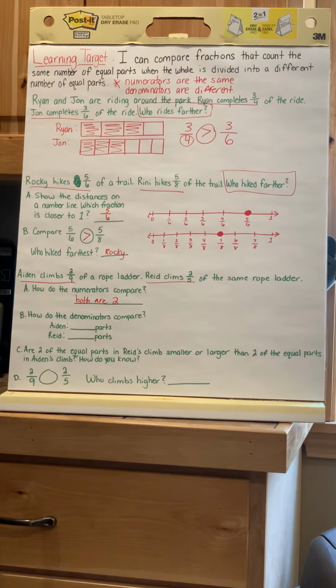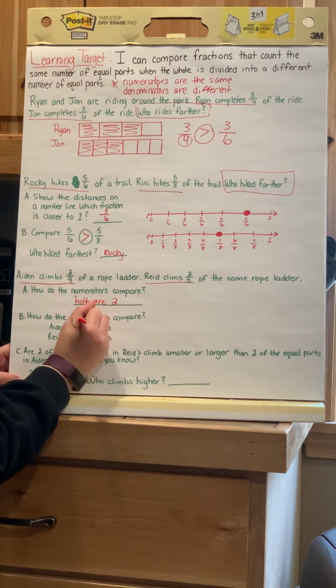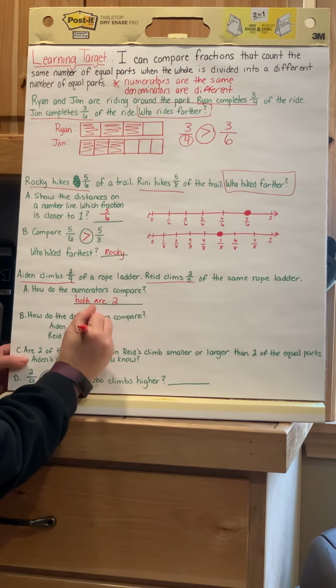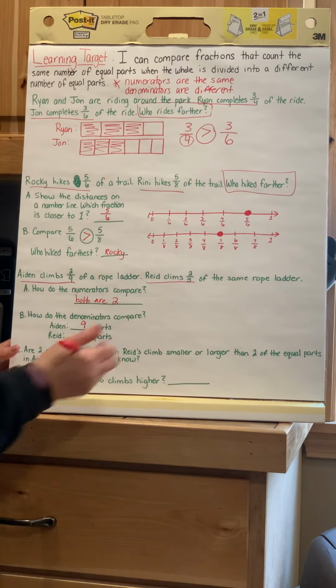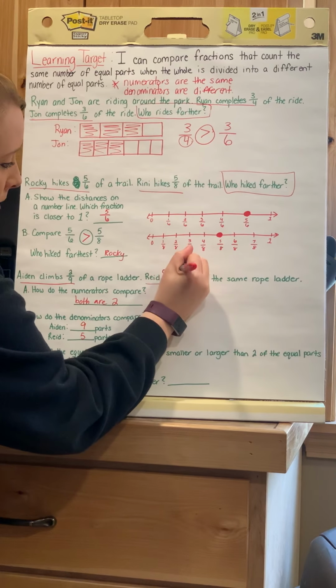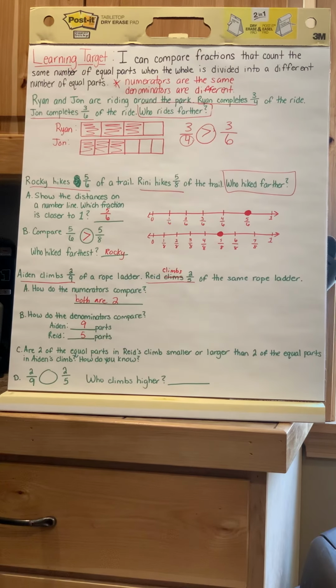So we know both of our numerators are 2. How do the denominators compare? Well, Aiden, what's his denominator? We see that his is split into 9 parts. And Reed is split into 5 parts. I also just noticed that I spelled climbs wrong. That was my mistake. It's okay, easy fix.